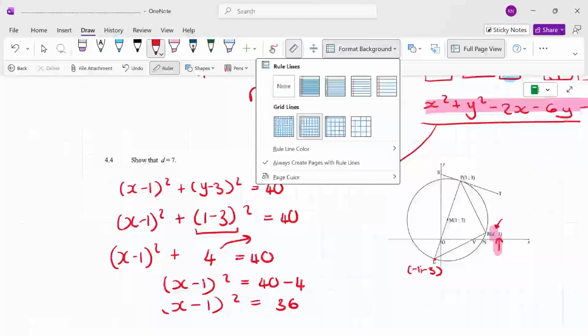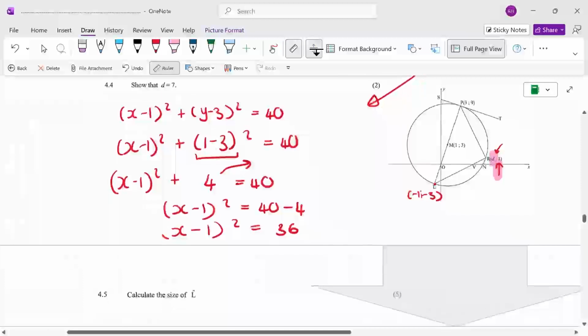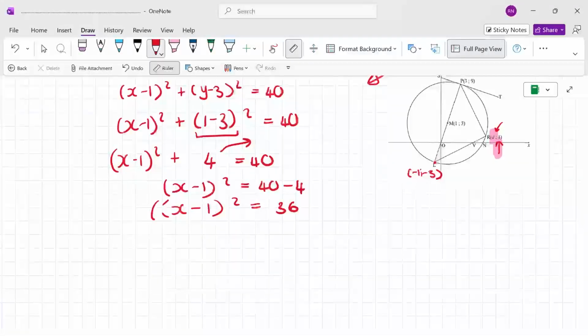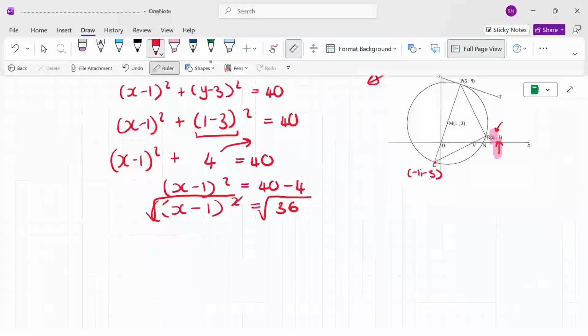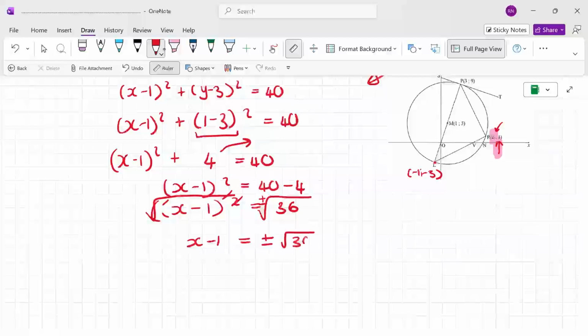And then we can square root both sides, right? So let's square root both sides. We will square root and square root to get rid of this square. And then we have to add a plus minus whenever we introduce a square root. So x minus 1 is equal to plus minus the square root of 36, which is 6.